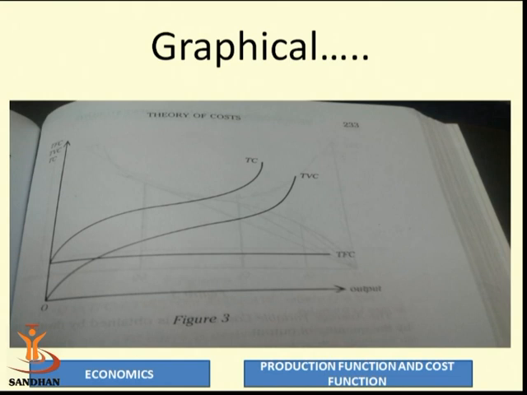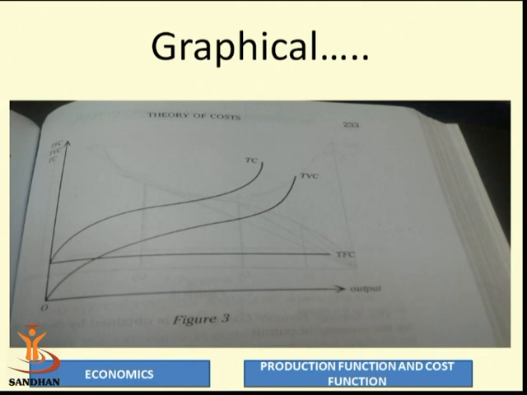So, a simple diagram. In a simple graphical manner, the constant fixed cost gives you what? That horizontal line. That horizontal line is TFC, which is constant. We say that it remains constant despite changes in the level of output. Then right from unit 1, the total variable cost changes.